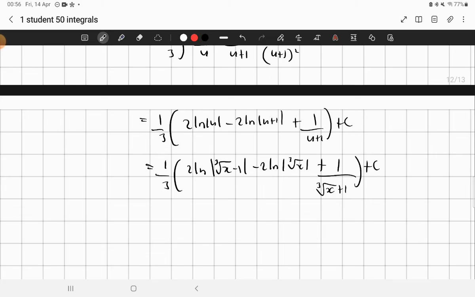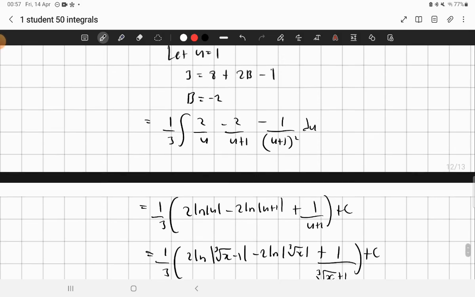Why did we obtain a different answer? Cube root of. Alright, 2 ln, negative 2 ln. Why am I seeing such different answers at this point? Okay.